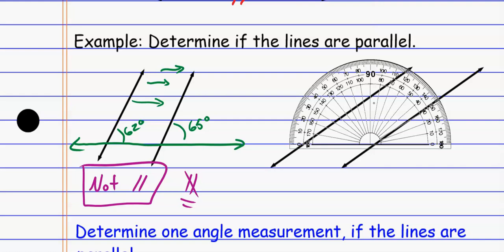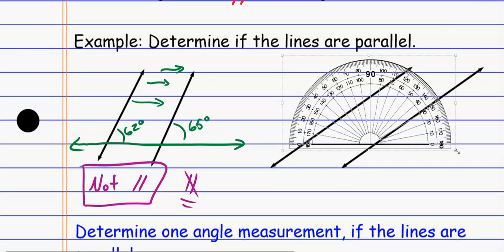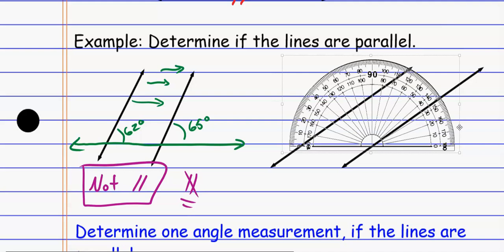If I look at the next one, same kind of thing. If I use just a baseline here for this guy, it doesn't really matter if I get exactly on this line, because I'm measuring from a horizontal line no matter where I put this protractor. And so it looks like this heads off at a 34-degree angle for the second one.